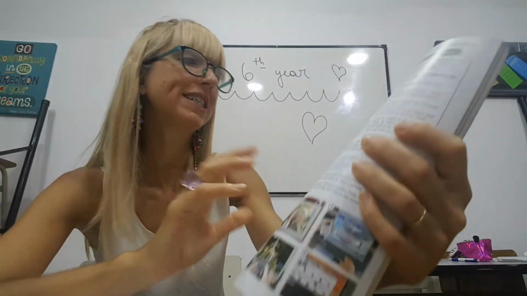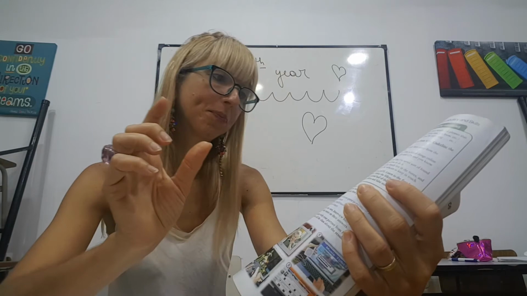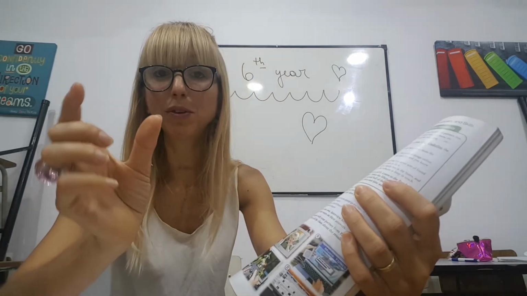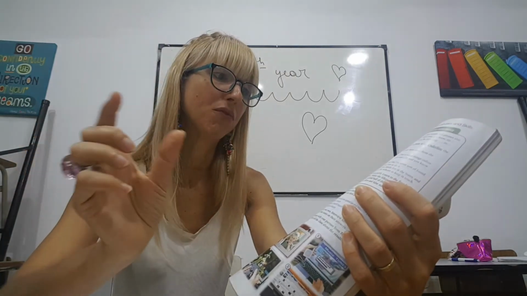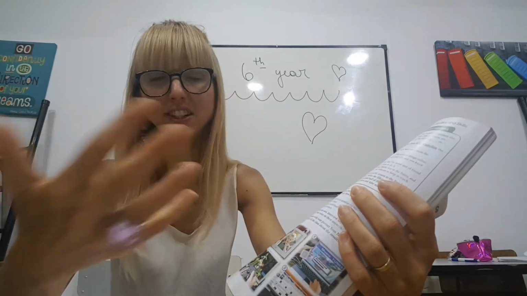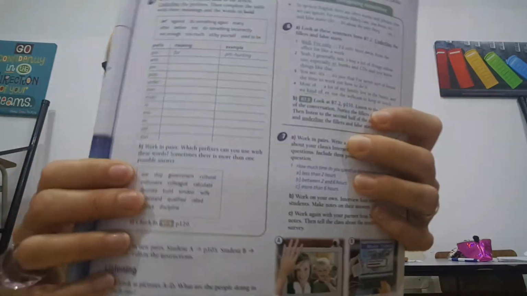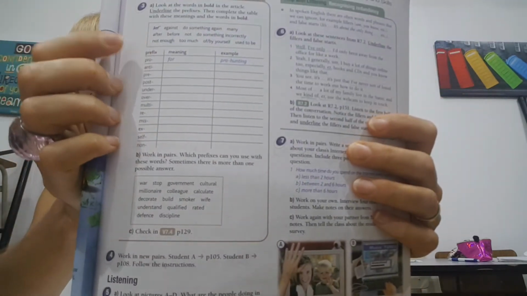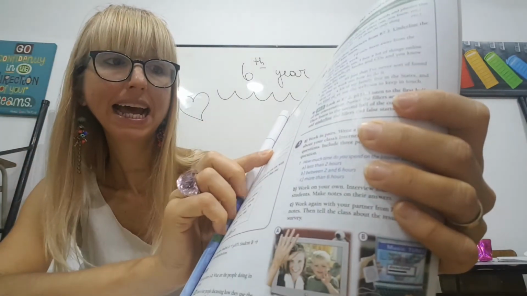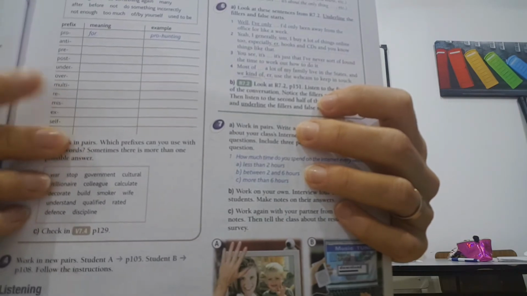So you know that a prefix is a word or a syllable that we place before another word to give extra meaning. So here we have a list of prefixes and we have the meaning, and you have to give an example. Prefix, meaning, example. So we're going to go through them so that you can complete the table, okay?